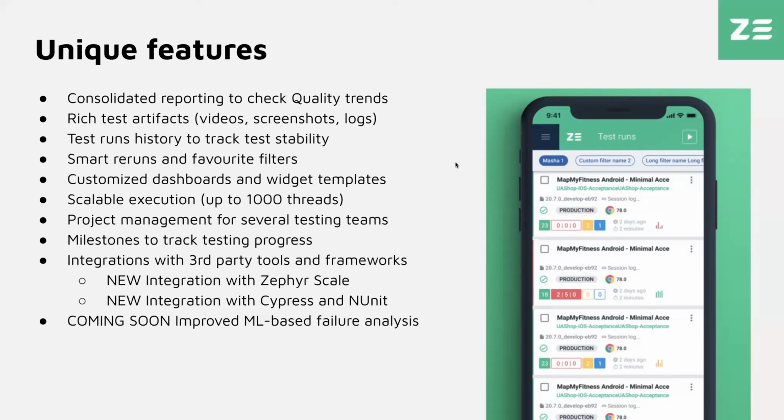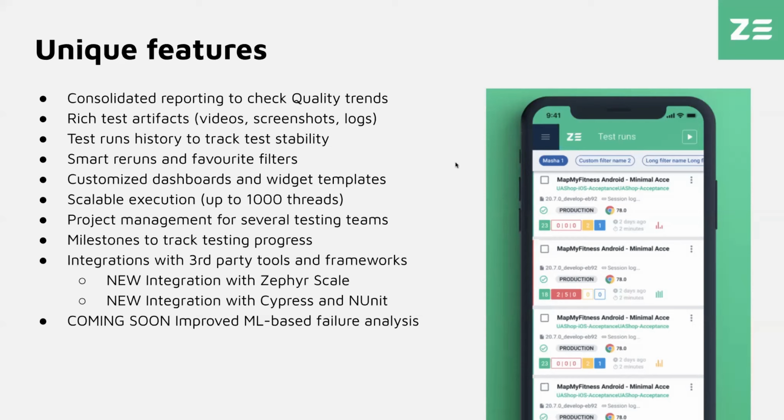Moreover, Zebrunner provides integrations with third-party tools and frameworks. We've got a really big set of integrations. I'll show them to you a bit later, but I can say now that we recently released an integration with the Zephyr Scale test case management system. And from now on, if you use Cypress or NUnit agents, you can integrate with Zebrunner to push the results directly there and analyze your tests.